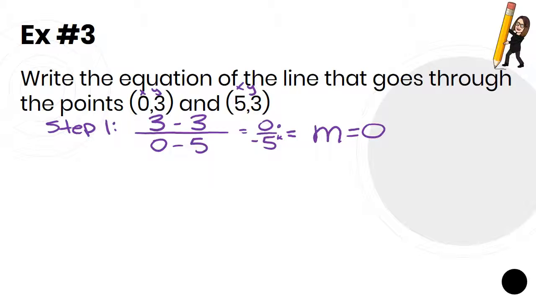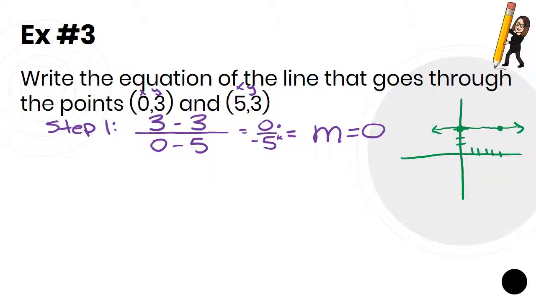Let me visualize this for a second. I'm going to draw a sketch. You don't have to if you don't want to. If I'm at 0, 3, I'm here. And if I'm at 5, 3, I'm here. Look at that line. That line is horizontal through the value of 3 on the y-axis.